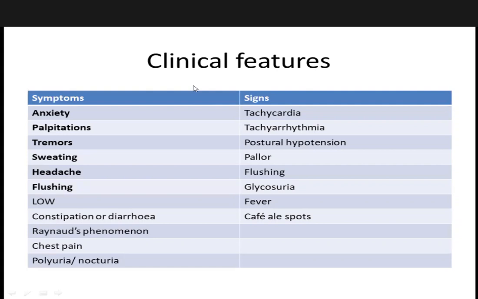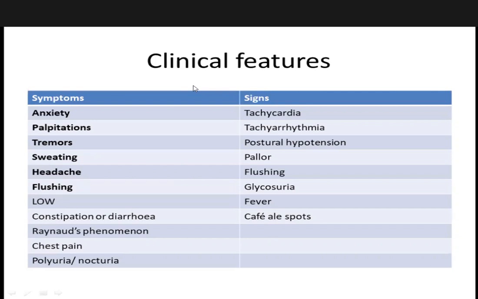Together with hypertension, they will have postural hypotension. This may be related to fluid loss. Because of the sympathetic stimulation, they will have elevated blood pressure. But with the polyuria and nocturia, their intravascular volume will be depleted, and because of that, together with hypertension, they will have postural hypotension as well.